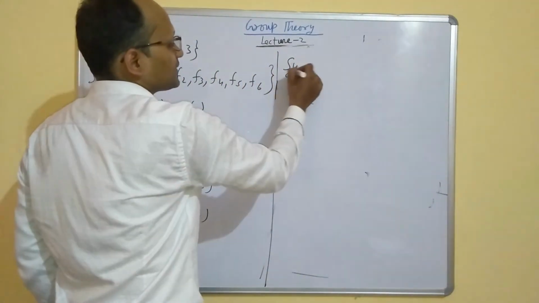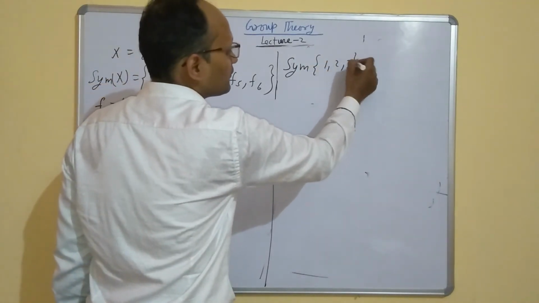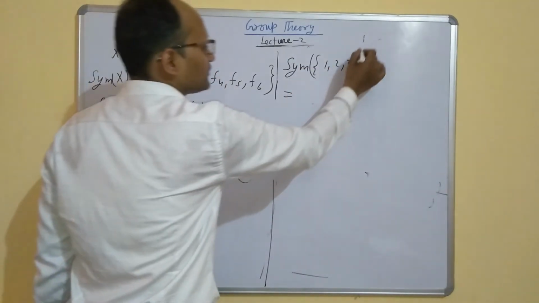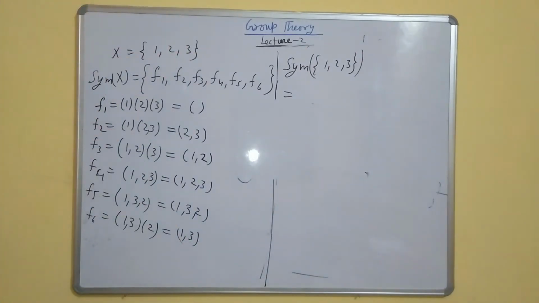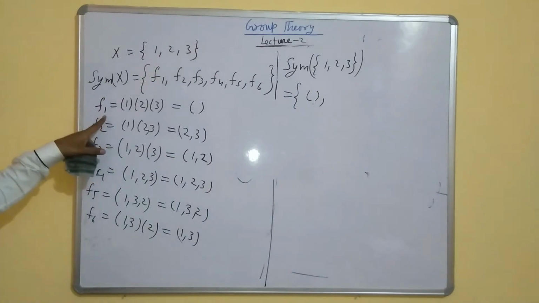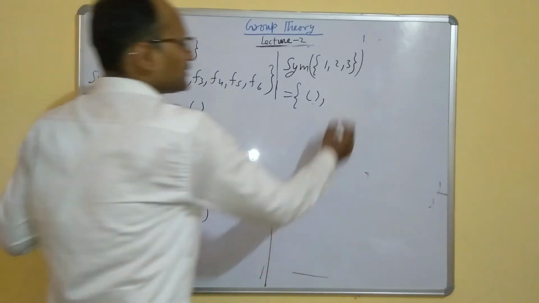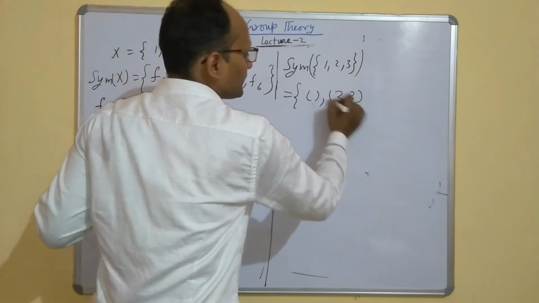So Sym X, where X is 1, 2, 3, so I can write Sym of 1, 2, 3 is equal to, in place of F1 I can write the empty bracket. This is working as the identity element, so everything is fixed, and this is F2, that is 2, 3.